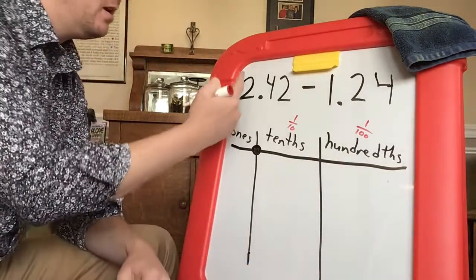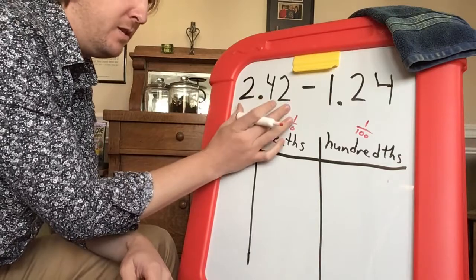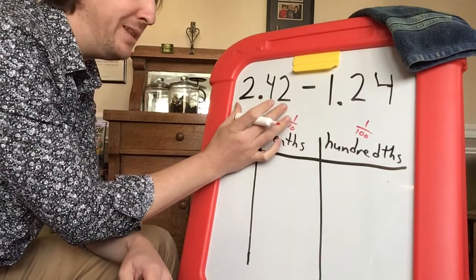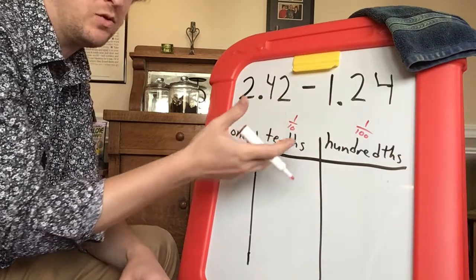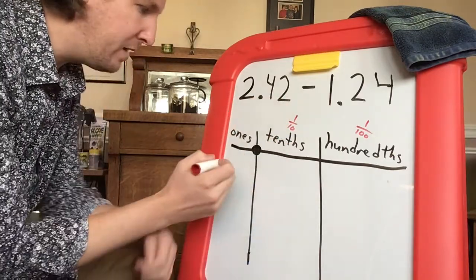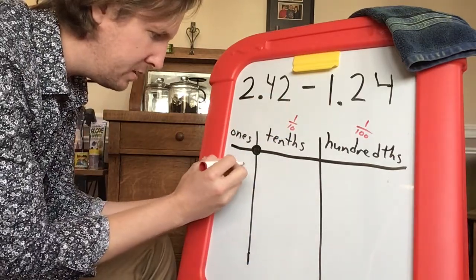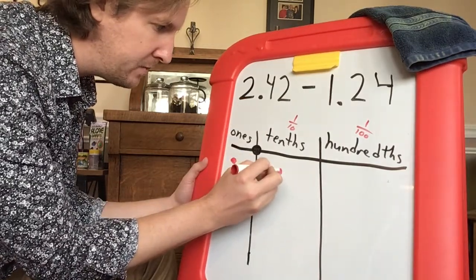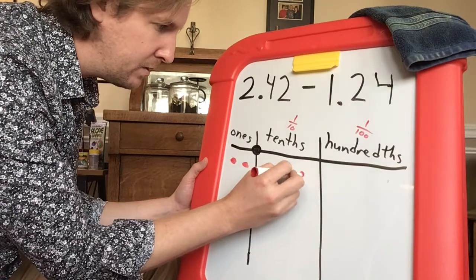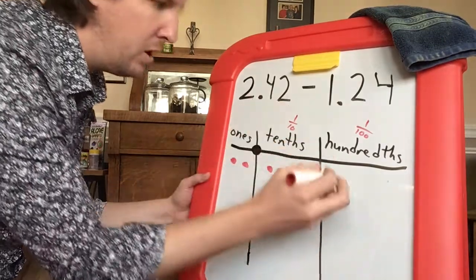So, let's start off. The first step you must do is placing the greater value that you have to subtract from. So we've got 2 ones, 4/10, and 2/100.